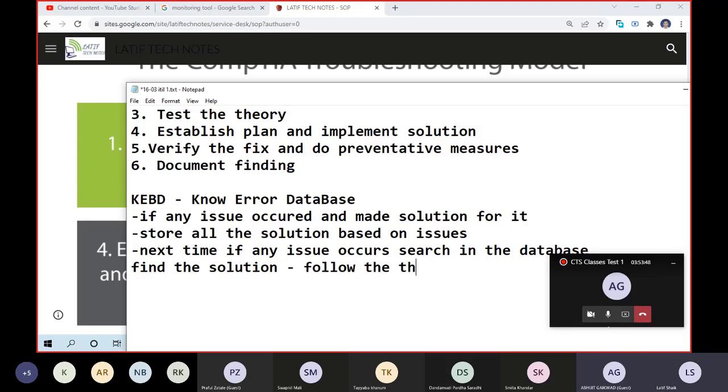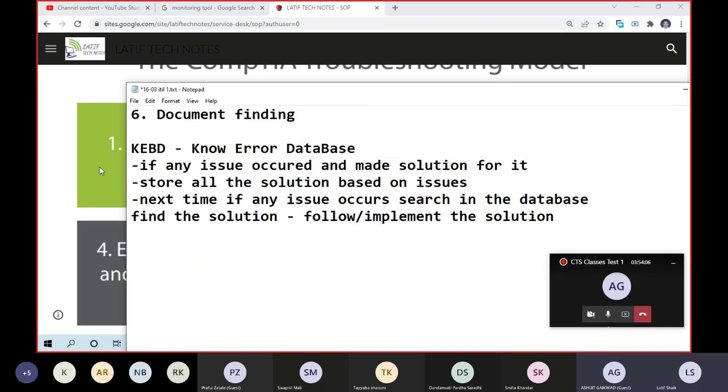I'm telling follow the solution, but you know, people who work in a call center kind of stuff, follow or implement the solution. So that is a KEDB, known error database.